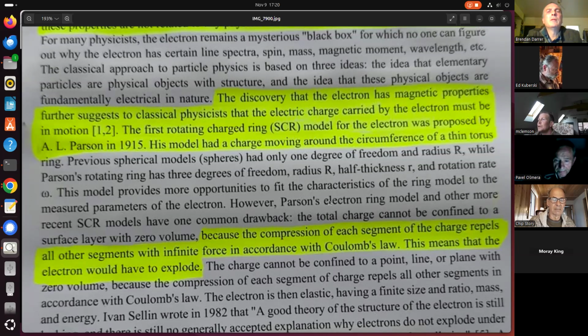The first rotating charge ring, SCR model for the electron, was proposed by A.L. Parsons in 1915. His model had a charge moving around the circumference of a thin torus ring.